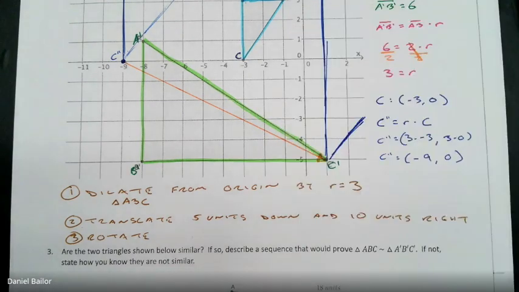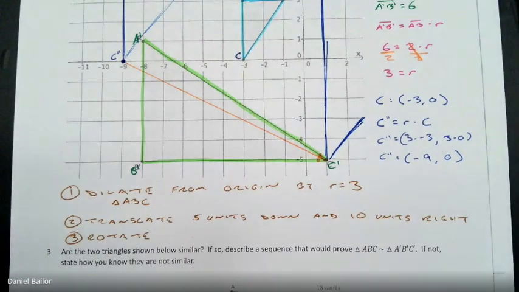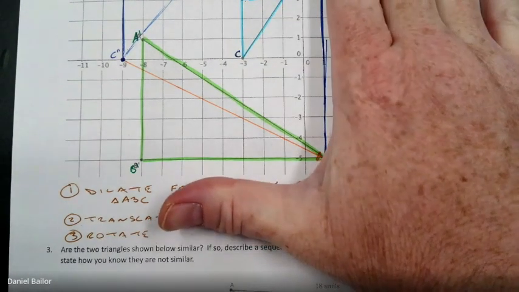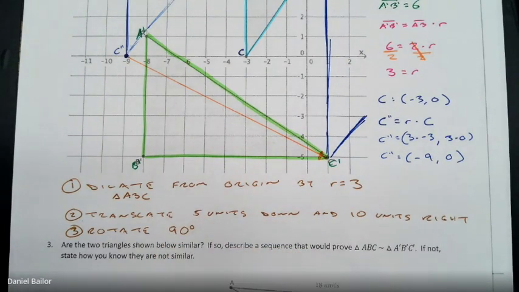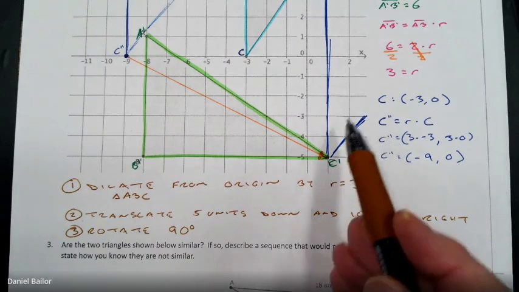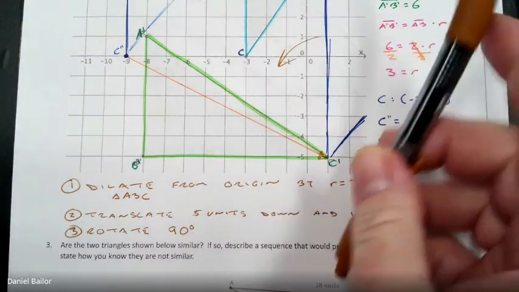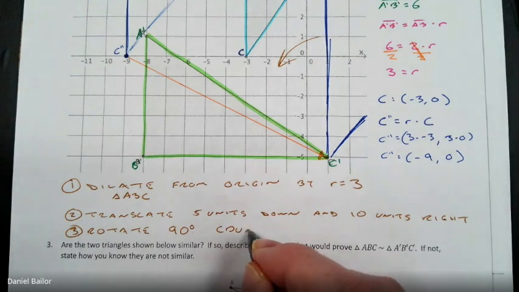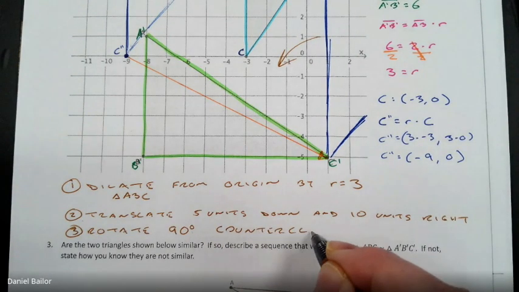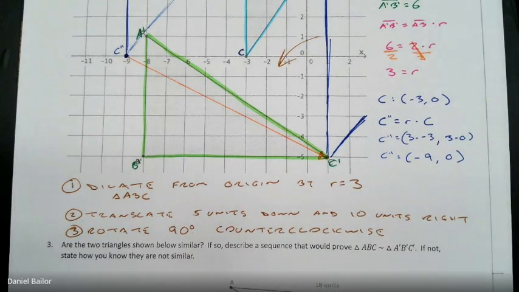If you look, this goes straight up to straight left. That makes an L right here. We are rotating an L, which is 90 degrees. We need to spin it this way, so it's moving in an L shape backwards from a clock. So we say rotate 90 degrees counterclockwise, because it's moving the opposite way of a clock.